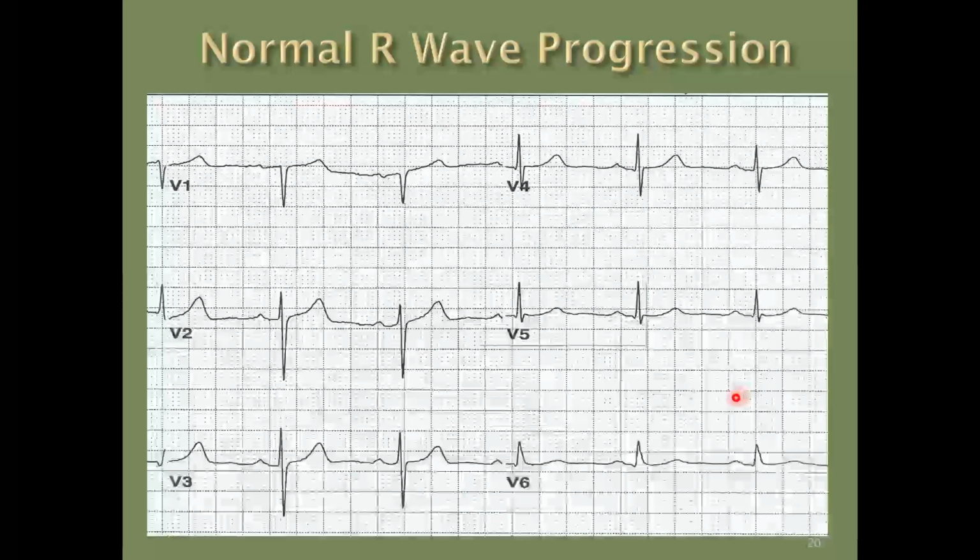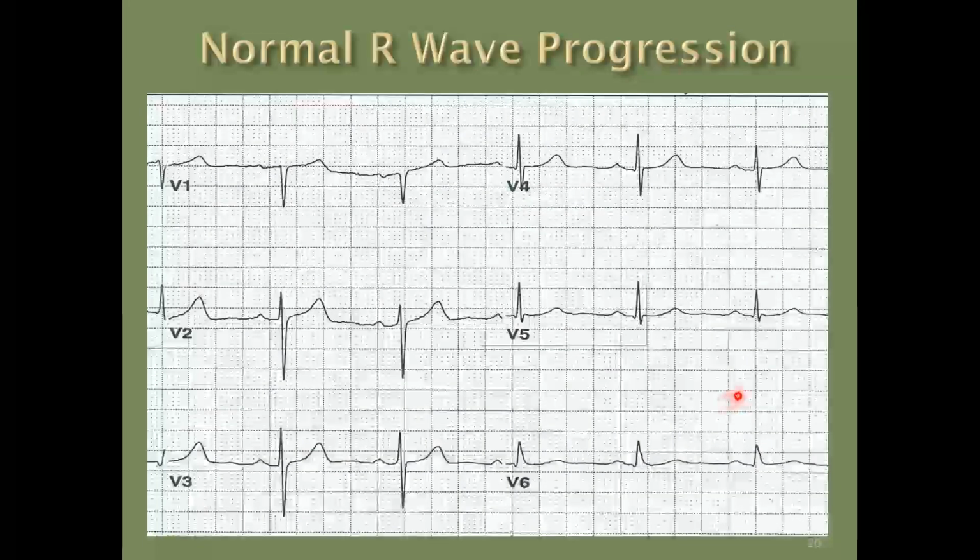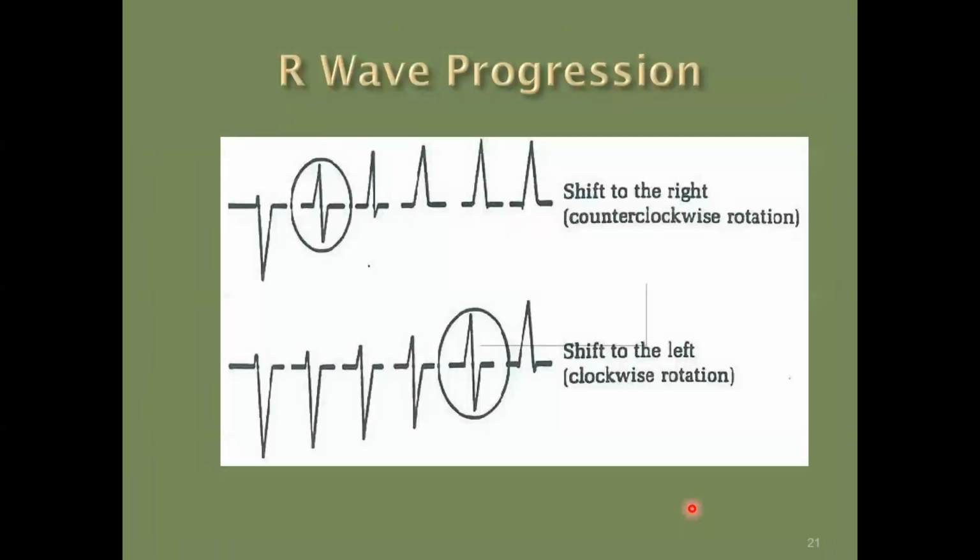The reason this is important is that when you have an MI, oftentimes your transition changes. Yeah, I'm seeing V3, V4. Sometimes you have to actually count, but if it's between V3 and V4, you know that is the correct normal.